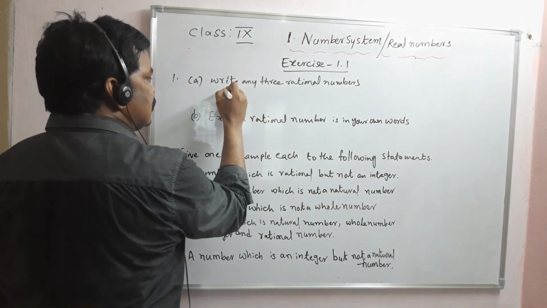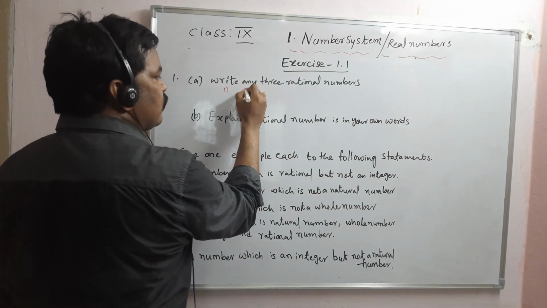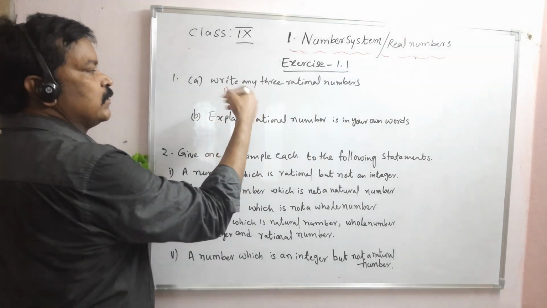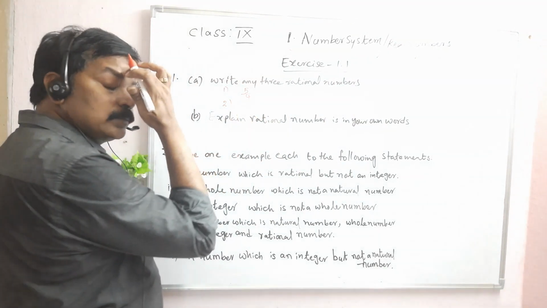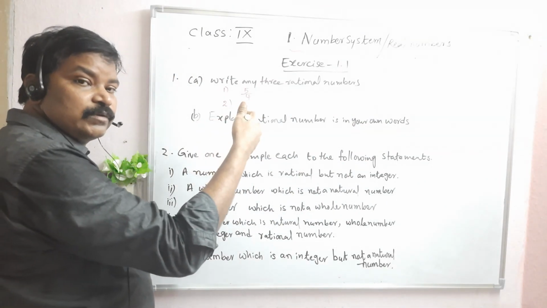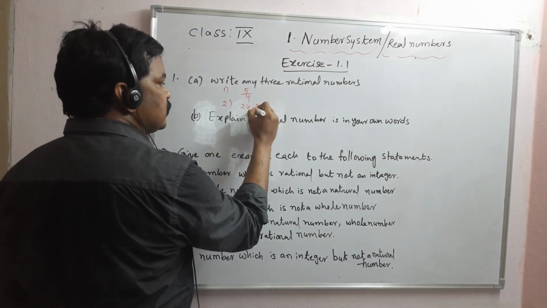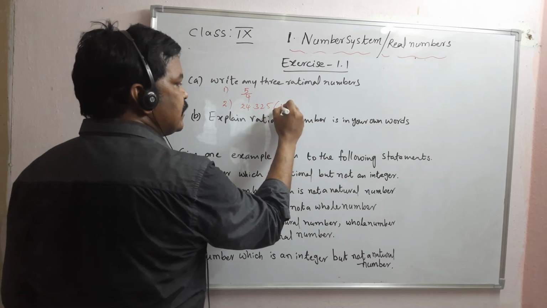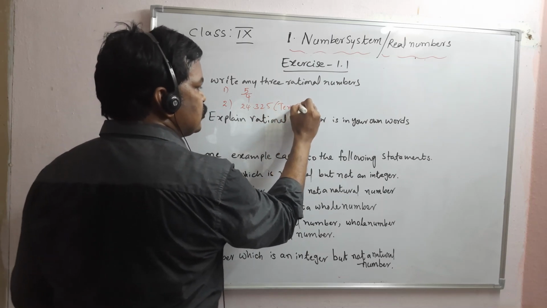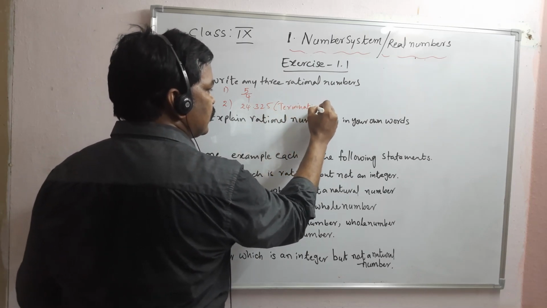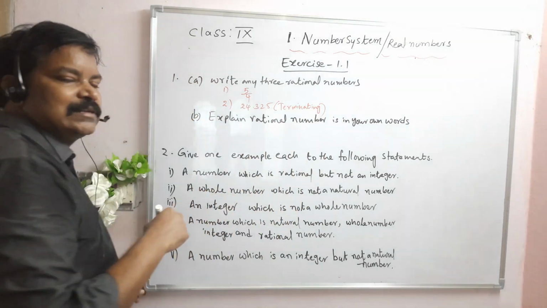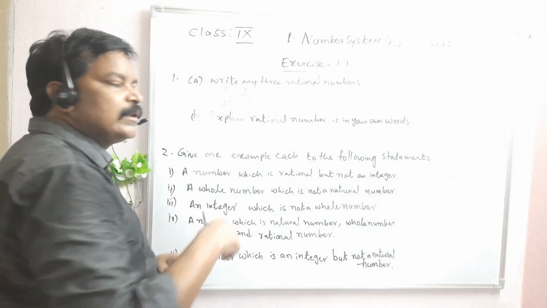That means 1, 5 by 4. I will write it in another way, another form of rational number, 24.325. This is a terminating decimal, no? And the third rational number is non-terminating repeating.